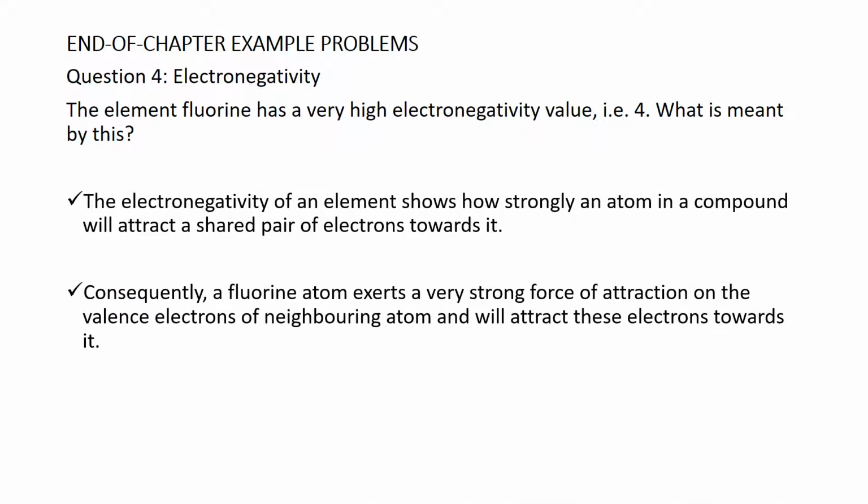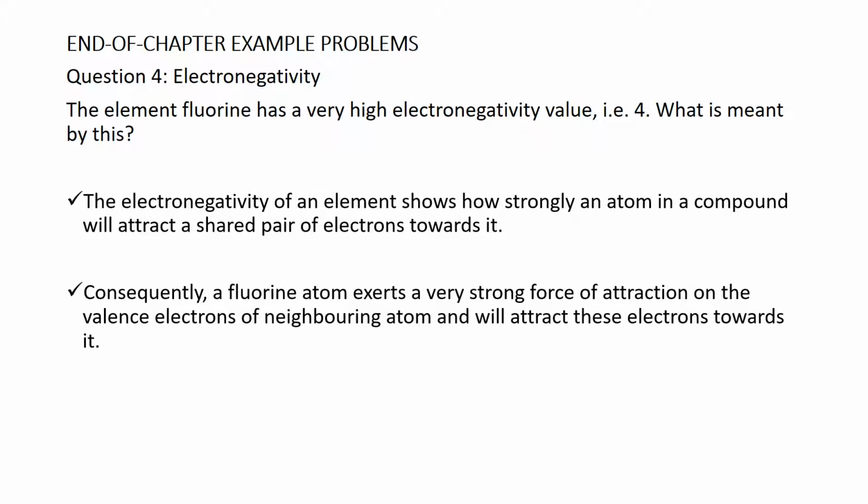So what this means for fluorine is that a fluorine atom will exert a very strong force of attraction on the valence electrons of a neighboring atom and will attract these electrons towards it. So if a fluorine atom reacts with a less electronegative atom, it will attract the electrons of that atom towards it. So that's what a high electronegativity value means.